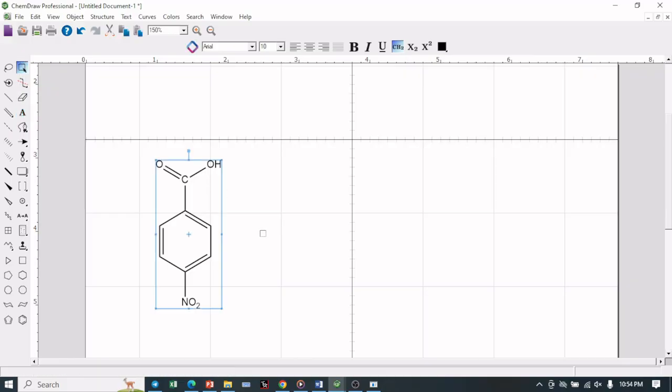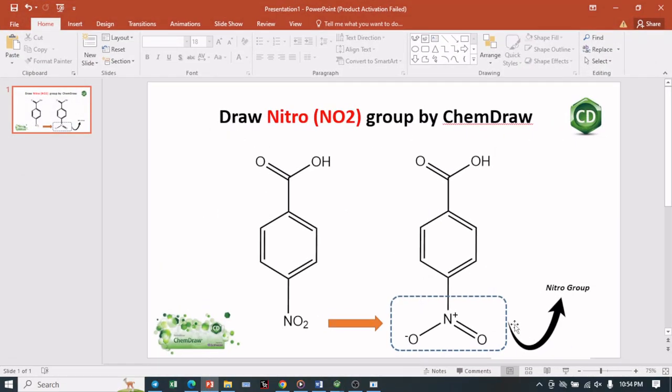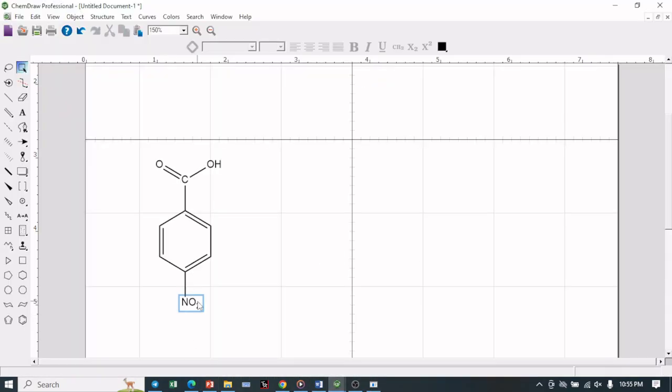Now we will convert this nitro group to this state. We have to add a positive charge on the nitrogen atom, a double bonded oxygen atom, and a single bonded oxygen atom with a negative charge. So first of all I have to delete this oxygen atom from here.